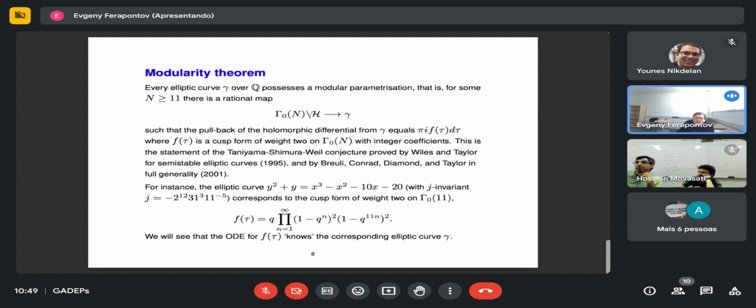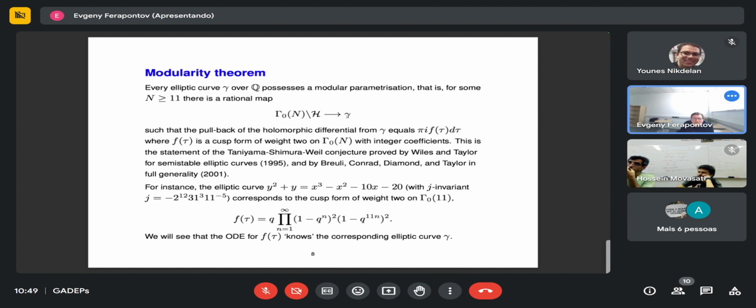Furthermore, this gamma has a holomorphic differential, one single holomorphic differential, because it's an elliptic curve of genus 1. So let's take this holomorphic differential living here and pull it back. It will become a one-form of this type.